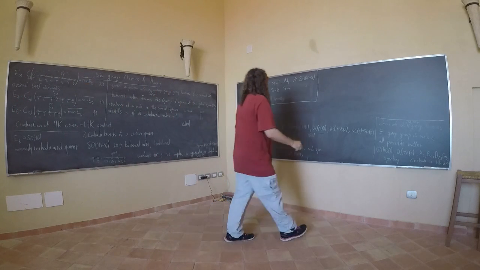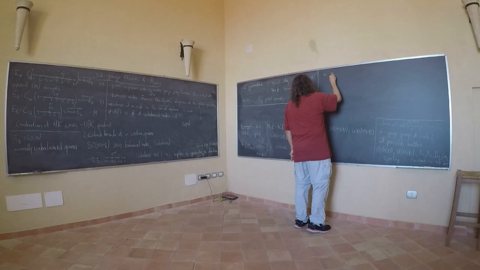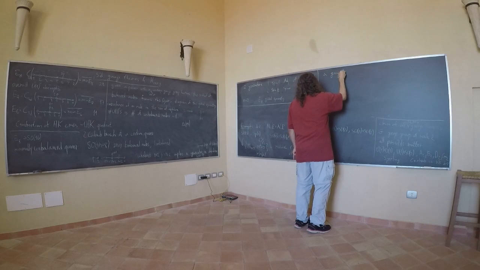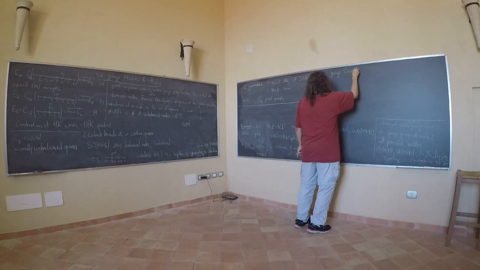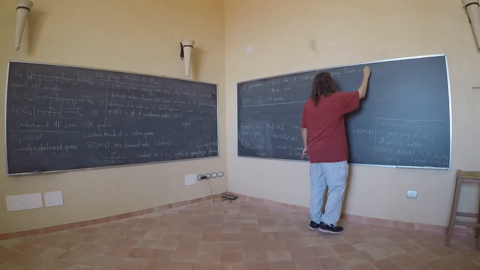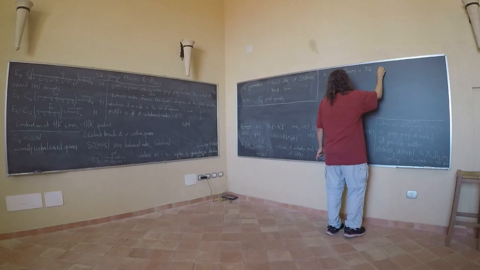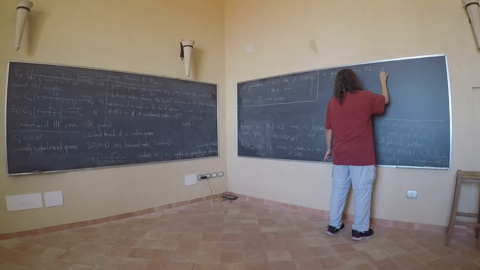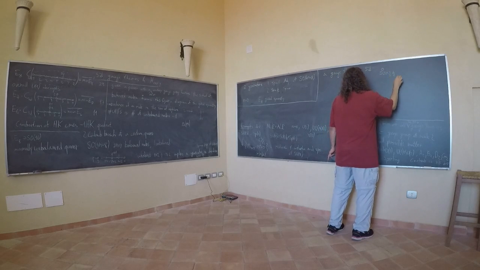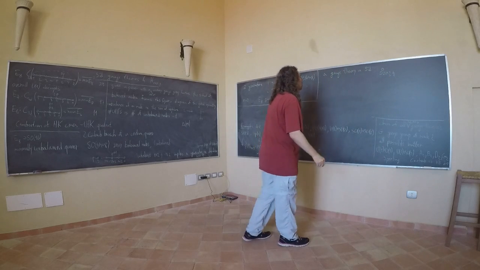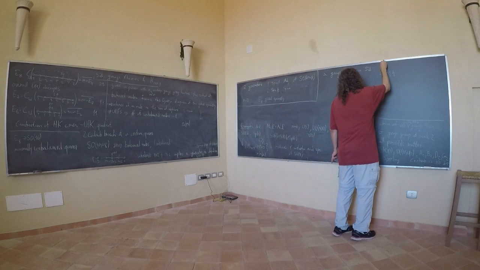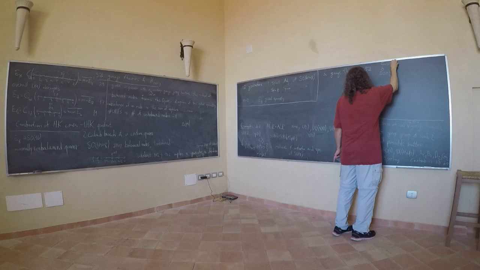So now take a gauge theory in 5 dimensions. I'm going to write it as a pure SU(N) gauge theory with Chern-Simons level 1/2 and the number of flavors is going to be 2n plus 3.